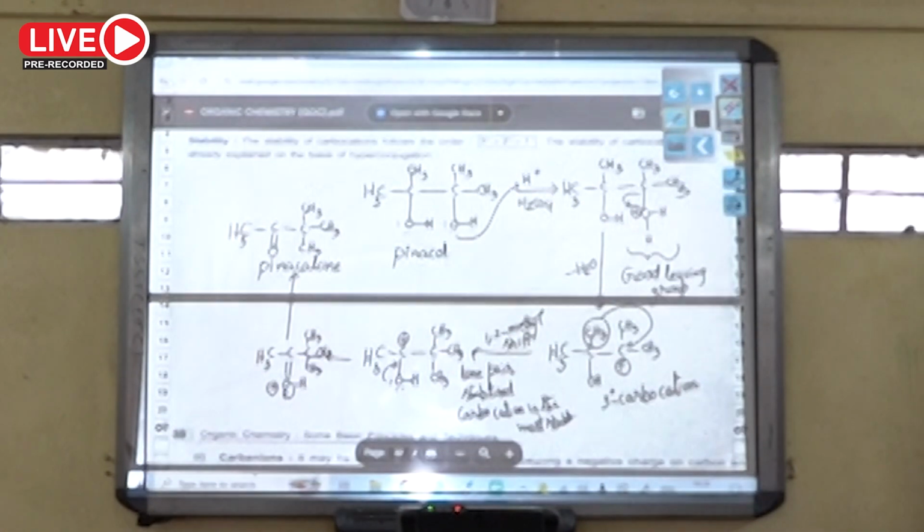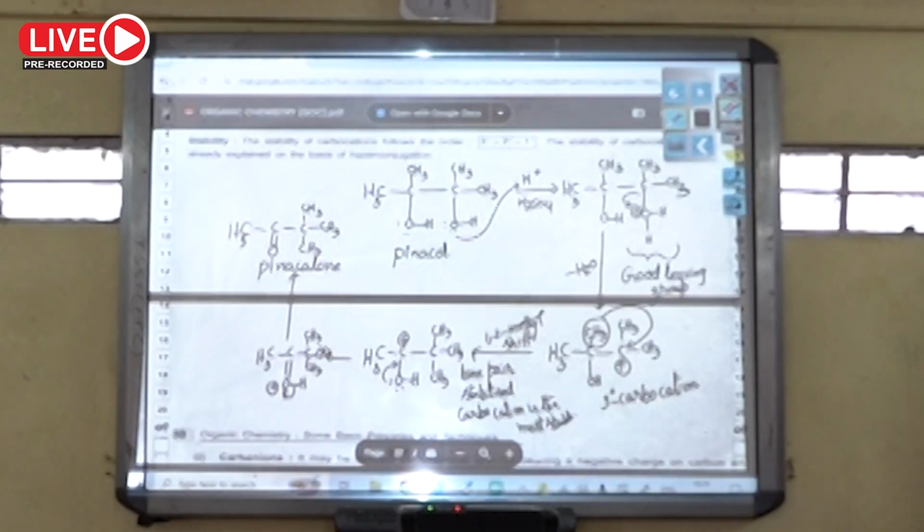What is the rearrangement called? Pinacol-pinacolone rearrangement. Since we are discussing carbocations, I mentioned a point that carbocations usually undergo rearrangements. What type of rearrangements? Either 1,2 hydride shift, or 1,2 methyl shift, or the third one, ring expansion.